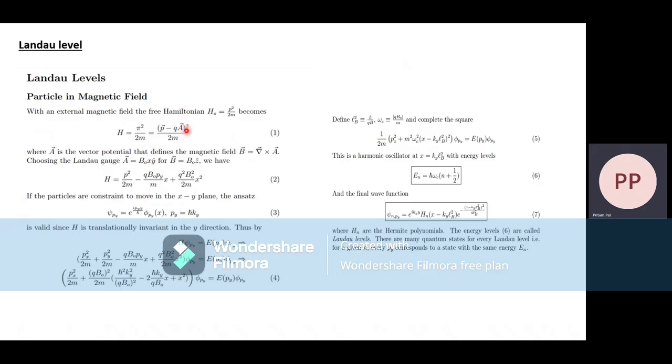That's why this extra term is appearing. It's the vector potential that defines the magnetic field. If you take the curl of the magnetic vector potential, you will get the magnetic field.